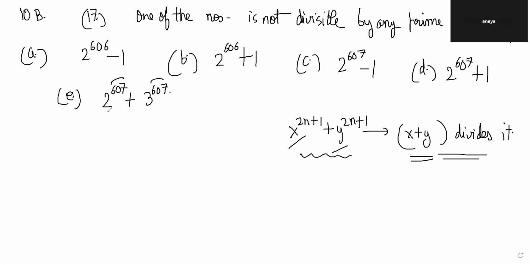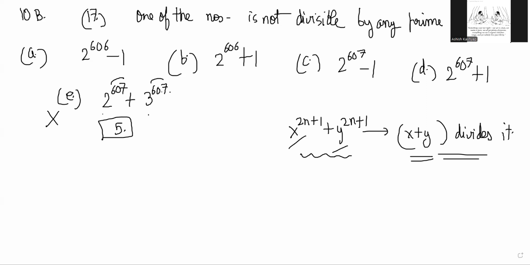So x to the power this plus y to the power this is divisible by 2 plus 3, 5. Correct? So automatically E option is wrong, right? Do you understand what I'm saying right now?